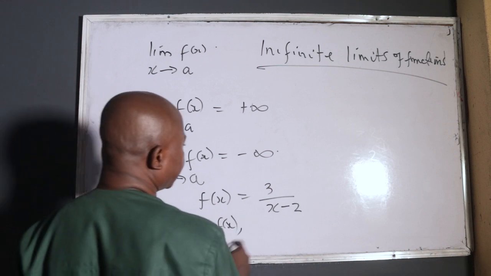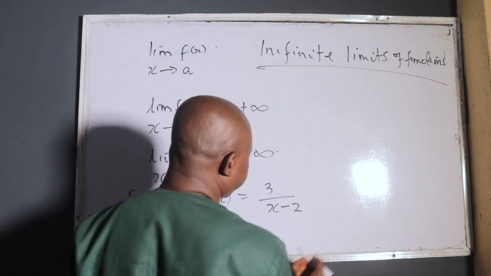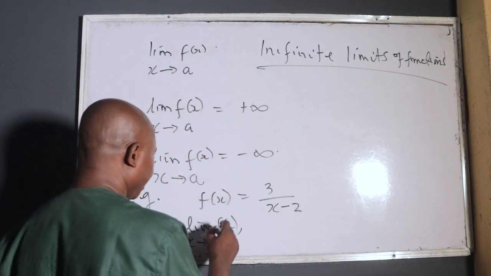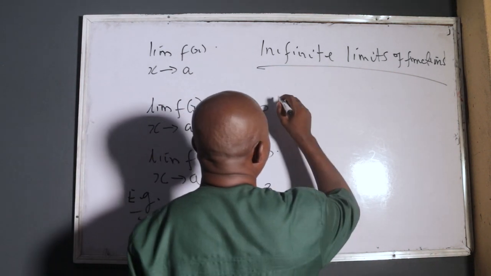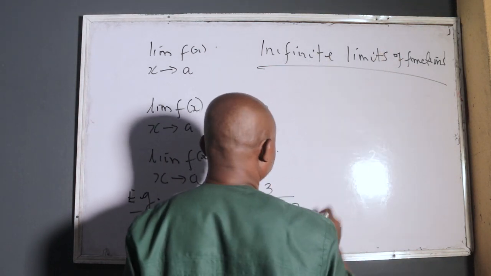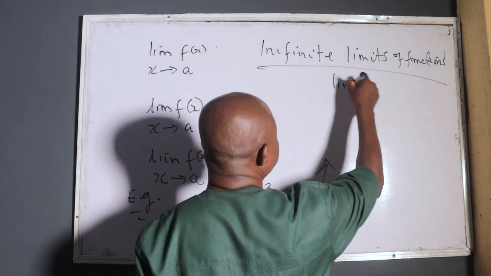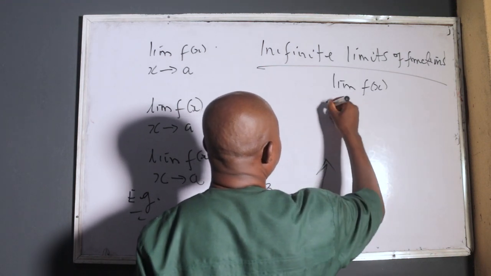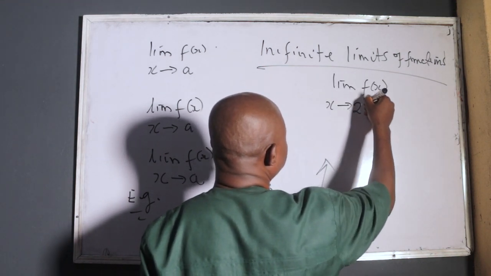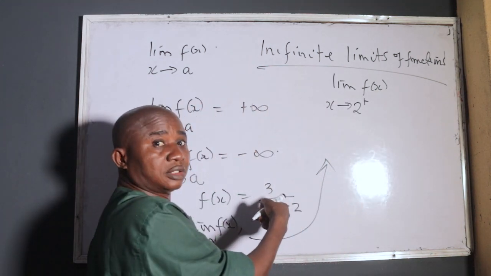As x goes to 2 from the positive side, I compute this. Permit me to use the board here, and then I come back to this infinite limit. The limit of f of x as x tends to 2 from the positive side means we are considering all numbers greater than 2.